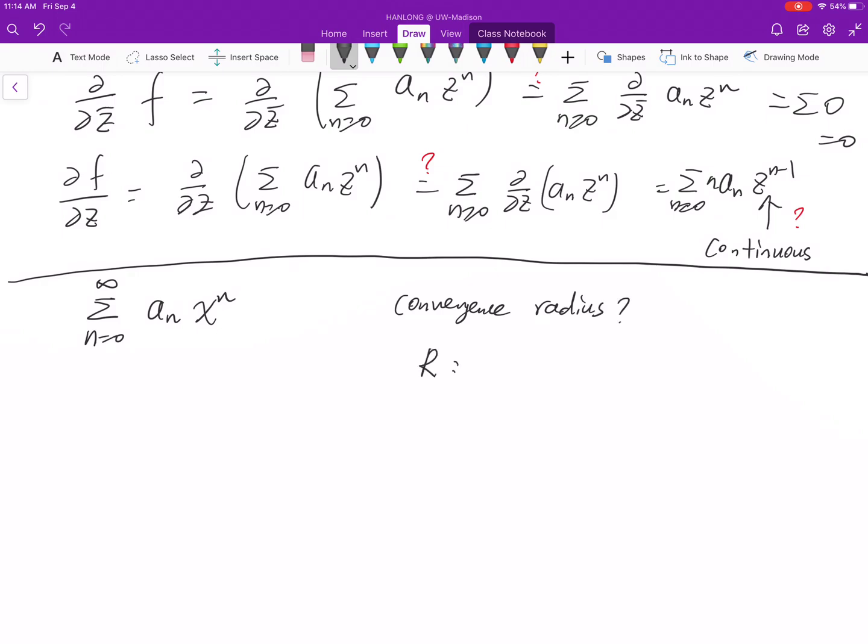And from Math 521, we know that the convergence radius is defined to be 1 over the lim sup as n goes to infinity of the absolute value of a_n to the 1 over n.